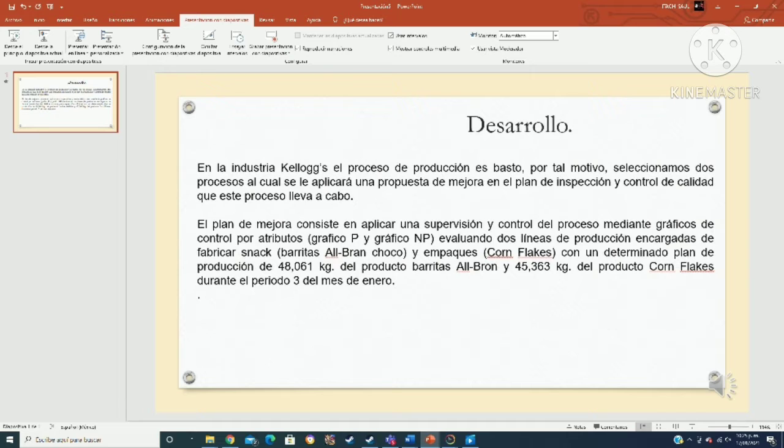The improvement plan consists of applying process monitoring and control using attribute control charts, P chart and NP chart, evaluating two process lines responsible for making snack half-bound chocolate bars and packing cornflakes, with a certain production plan of 48,061 kilograms of half-bound bars and 45,363 kilograms of cornflakes, produced during the period of January.